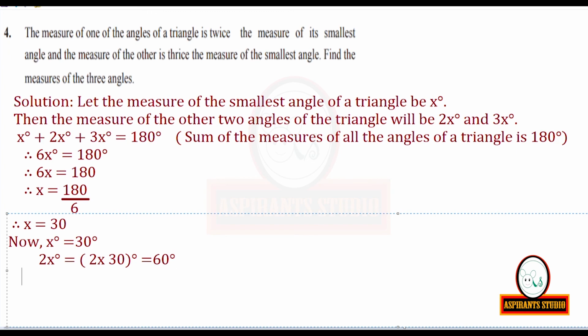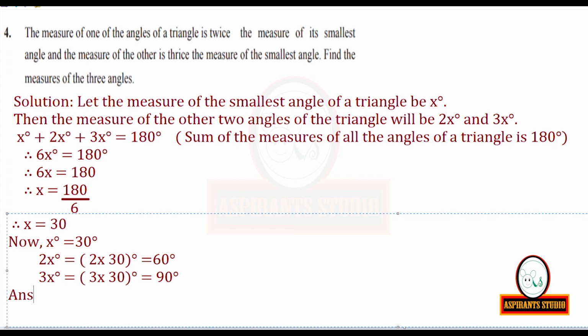And 3x degrees will be 3 multiplied by 30 degrees, that will be equal to 90 degrees.